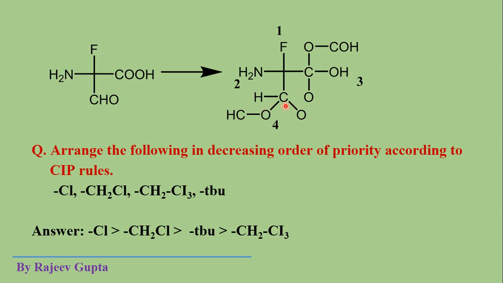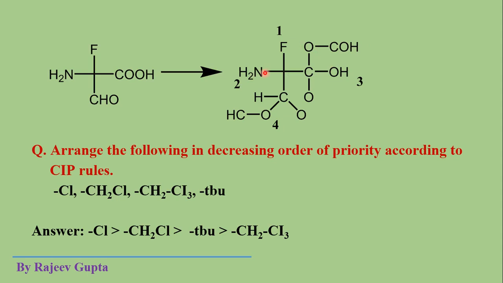So here directly attached three atoms are hydrogen, oxygen, oxygen, and there three oxygen are present, versus here two oxygen and one hydrogen. So obviously this carboxylic group will have higher priority compared to this aldehyde group.